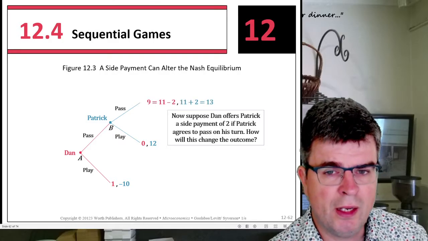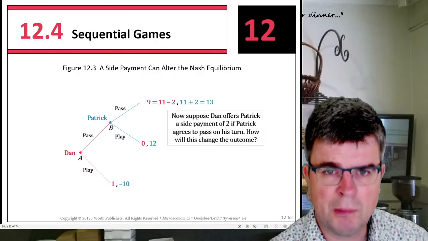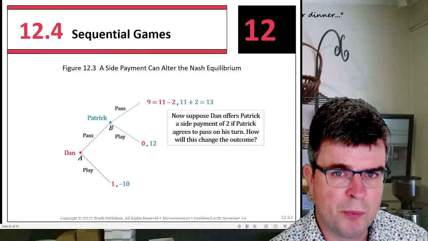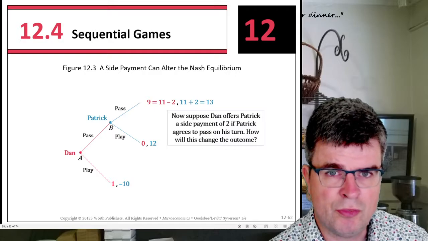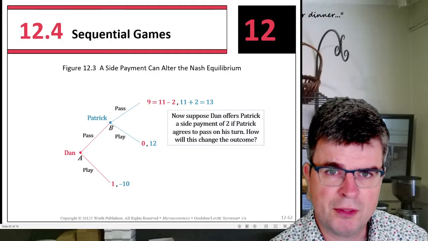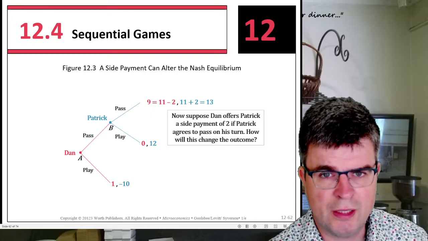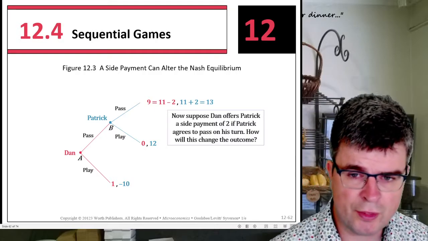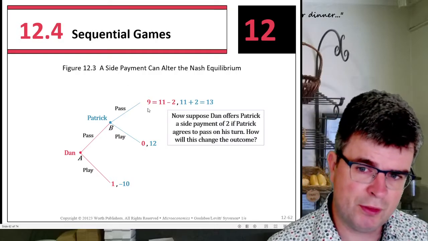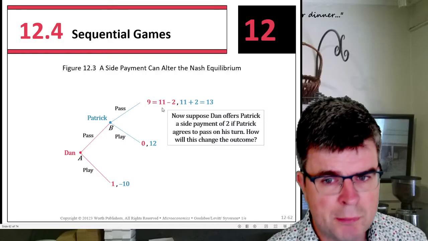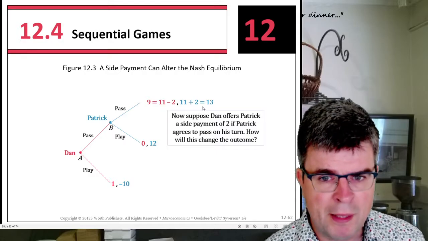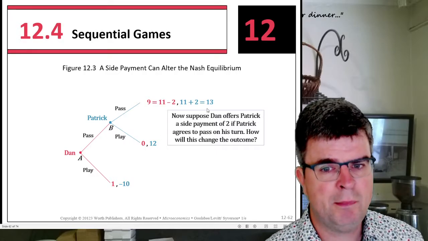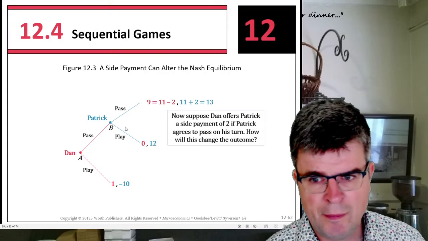So he makes this credible promise of a side payment, which makes Dan end up with 9 instead of 11 and Patrick with 13 instead of 11. And now you observe that if this promise of a side payment is credible, then Patrick will be better off passing instead of playing because 13 is more than 12.